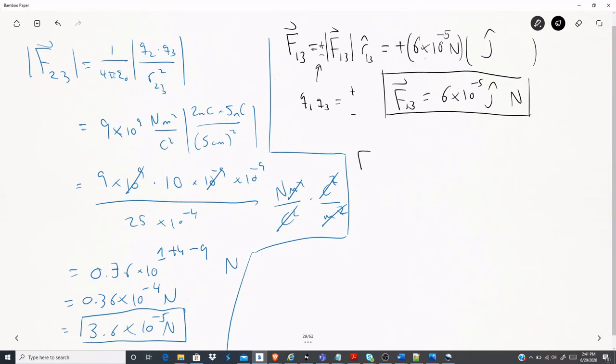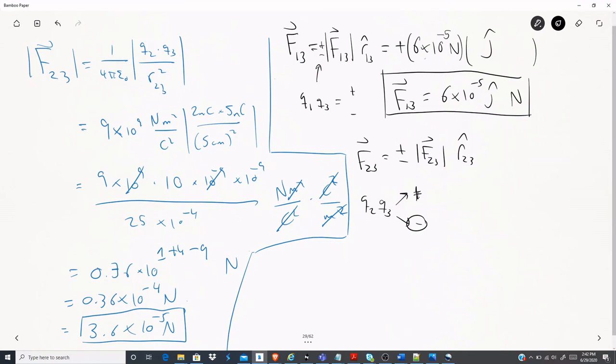Now I get the force that 2 exerts on 3. That's going to be plus or minus the magnitude of the force that 2 exerts on 3 times r23 hat. In this case, the sign is determined by the sign of q2 times q3, which is either positive or negative. In our particular circumstance, that product was negative because q3 was positive and q2 was negative.